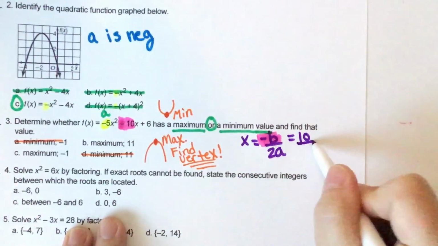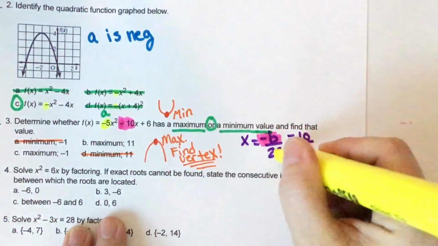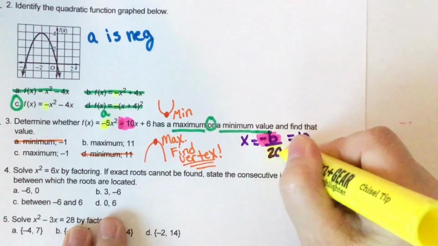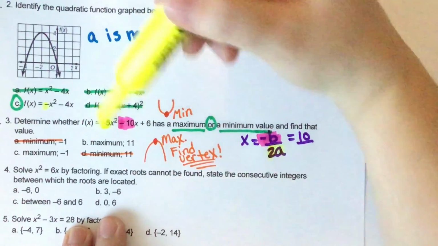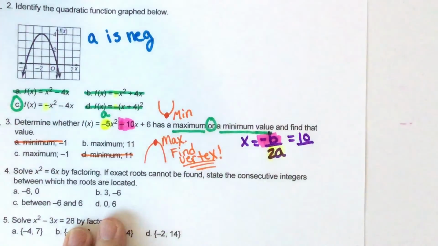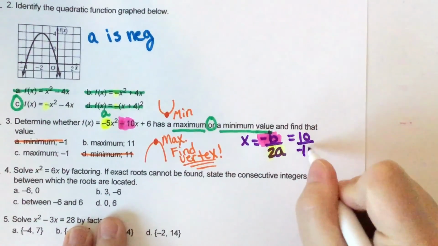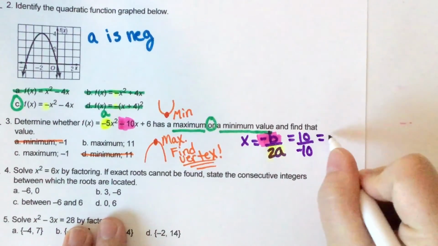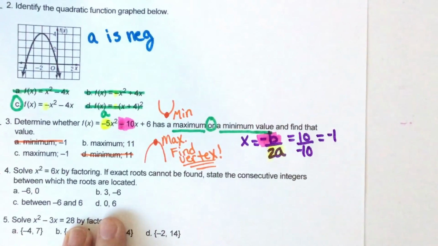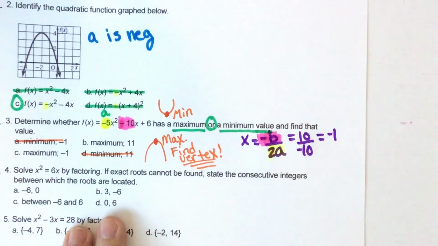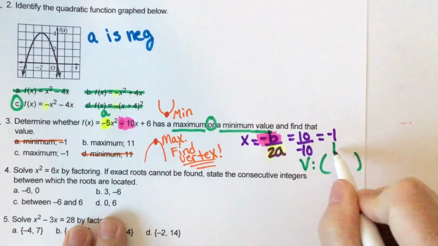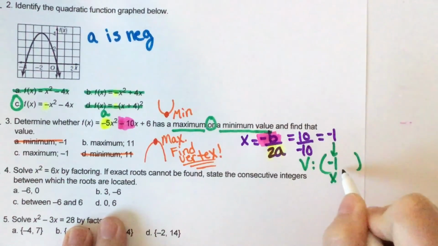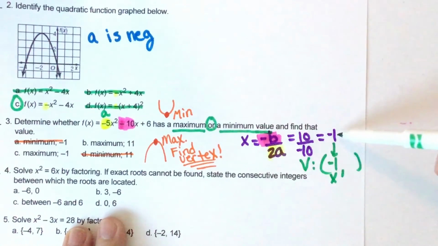Then I divide by 2 times my A. 2 times my negative 5 is negative 10. If I divide 10 by negative 10, I get negative 1. That is my axis of symmetry. It is also the x-coordinate of my vertex. Every time you get the axis of symmetry, you have also found the x-coordinate of the vertex.